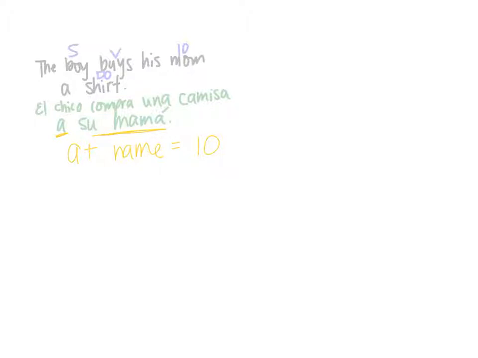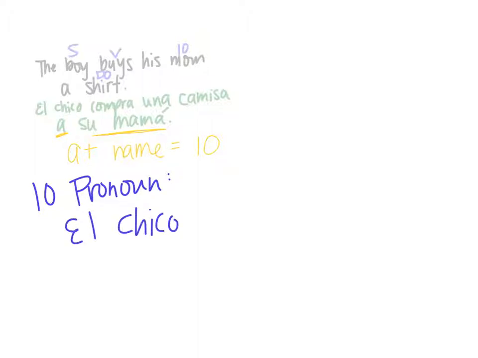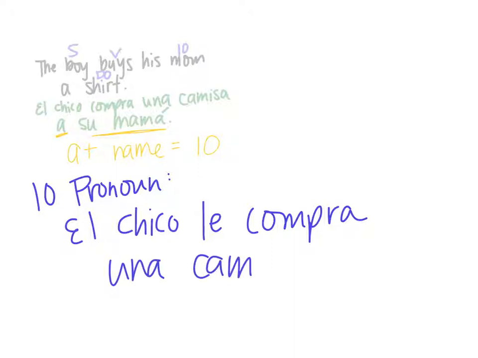So the same sentence, using an indirect object pronoun would be like this. El chico, and then where does it go? Le compra una camisa. El chico le compra una camisa.